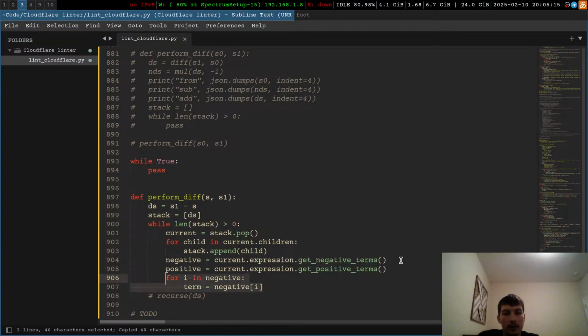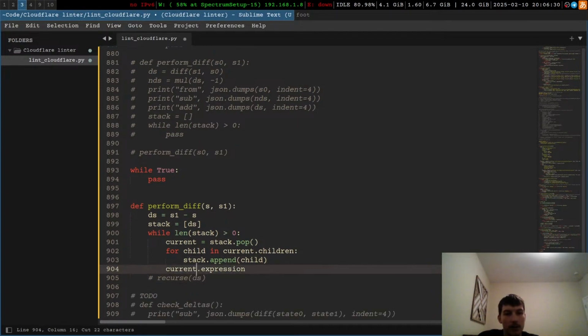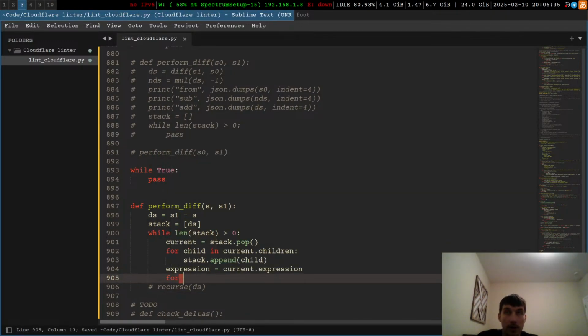Or even better than this, we get the expression. Even better than this is we say, okay, an expression is going to be a list of terms, which describes a coefficient.